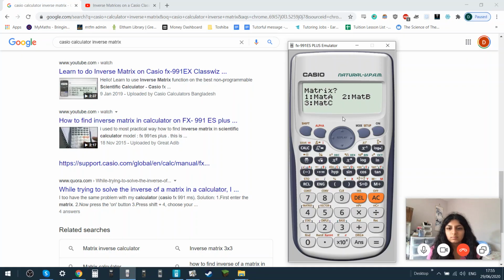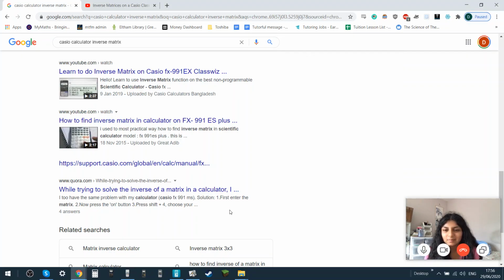Matrix A, 3 by 3. Oh, this was never easy. There's no matrix stuff. I have to go back, but I don't know how you do that. Maybe just press equals again. I've never seen one of those.